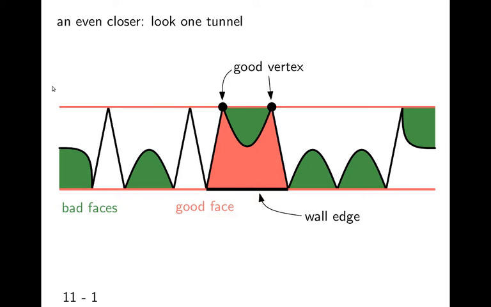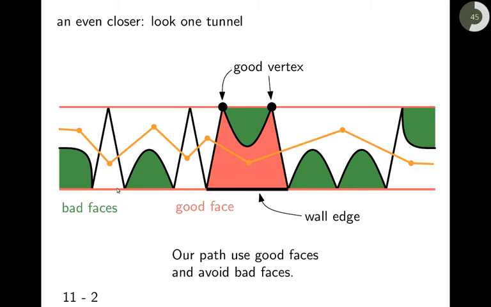So let's have a closer look at one of those tunnels. So here these are the tunnel boundaries, and we know that we have degree 4 because each vertex corresponds to 2 straight lines crossing. And then we define these good vertices, which are just all these vertices, and wall edges. And for each face which is bounded by a good vertex and a wall edge, we call it a good face. And all the other faces are called bad faces.